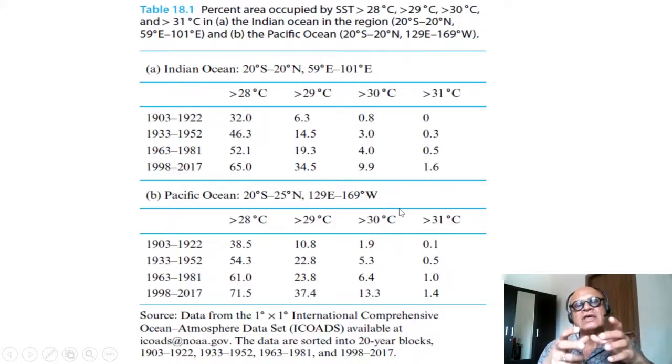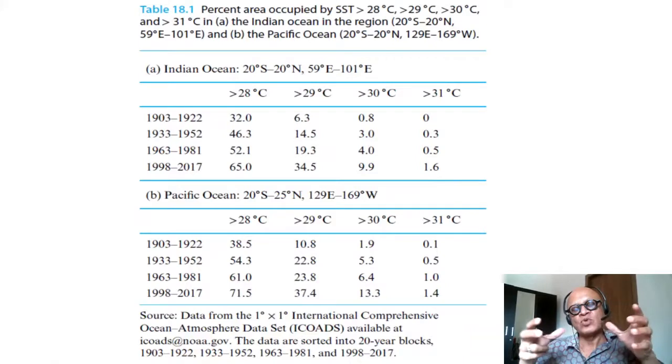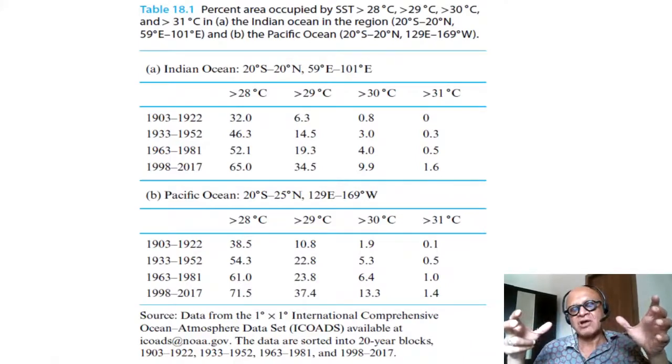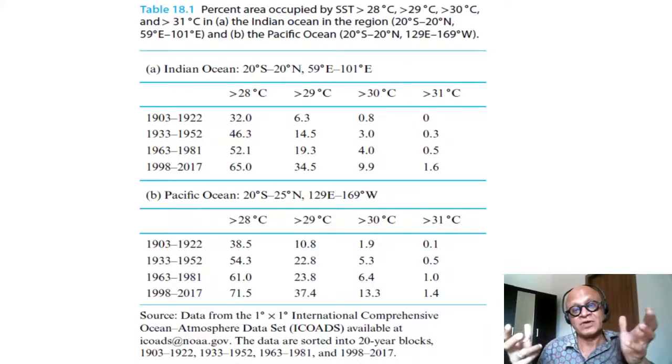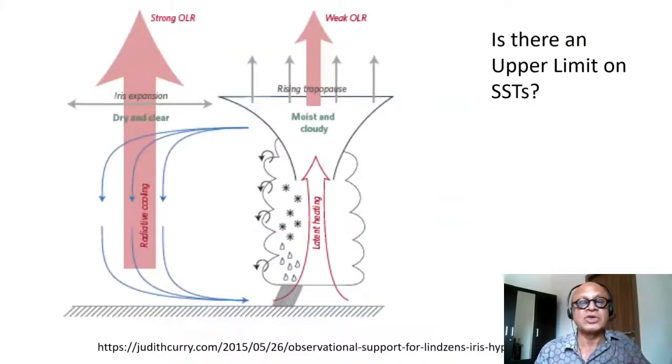So not only is the oceanic warm pool, as defined by the area covered by SSTs greater than 28 degrees C, increasing, but the maximum SSTs, for example SSTs greater than 31 degrees centigrade, are also increasing in area. Okay? So that's something to keep in mind.